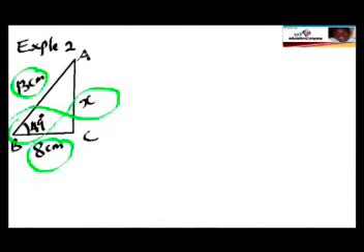So we're looking at the cosine rule here, and the first thing we'll do is to identify the sides.